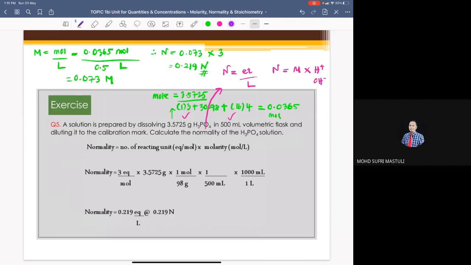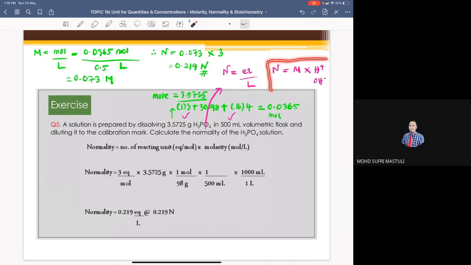The normality, equivalent per liter, as I said just now, you can calculate using this formula, or you can use the molarity times the number of acid or hydroxide.